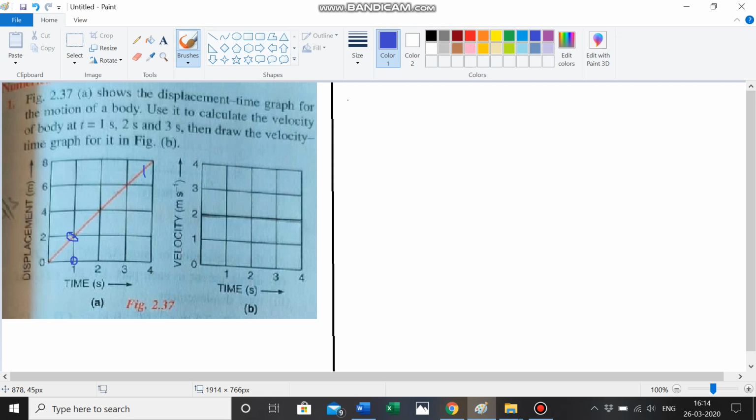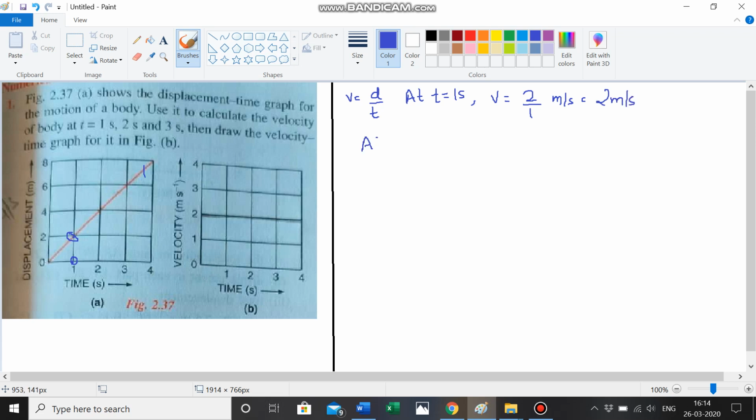Velocity is equal to displacement upon time. So at t is equal to 1 second, velocity is equal to displacement, which is 2, upon 1, which is 2 meter per second.